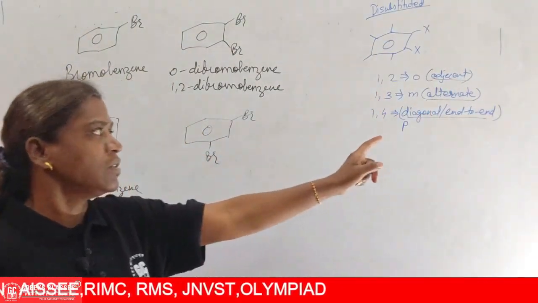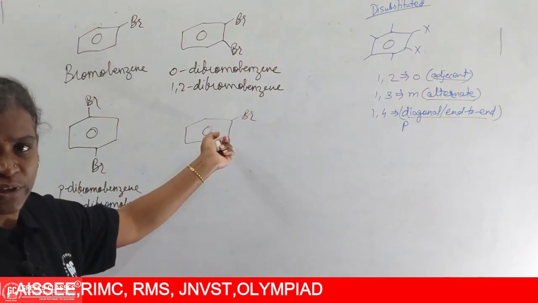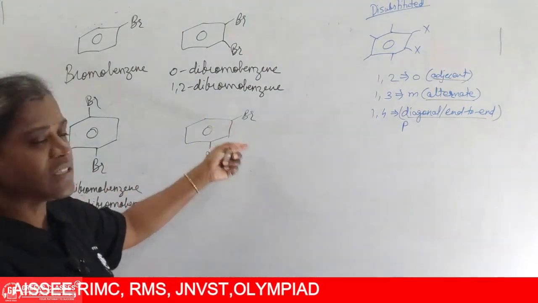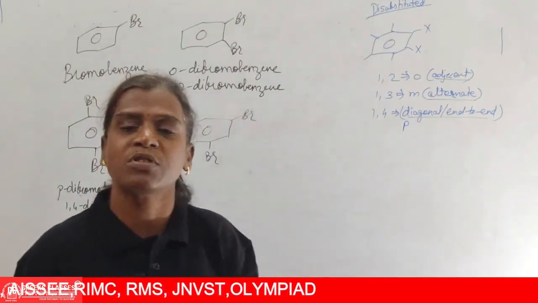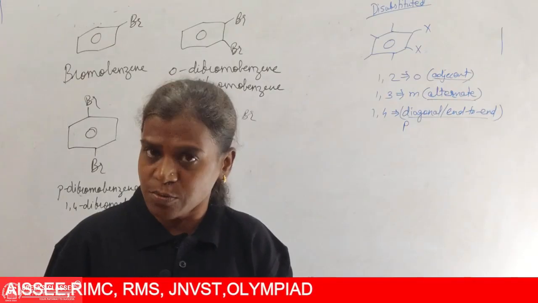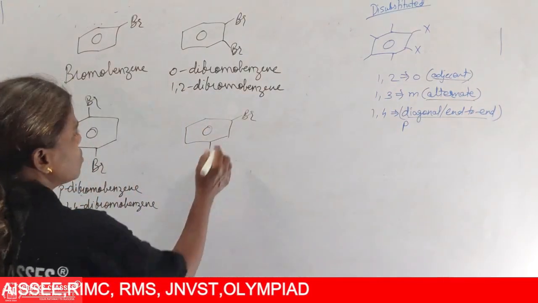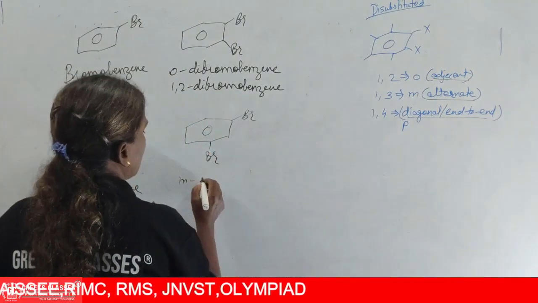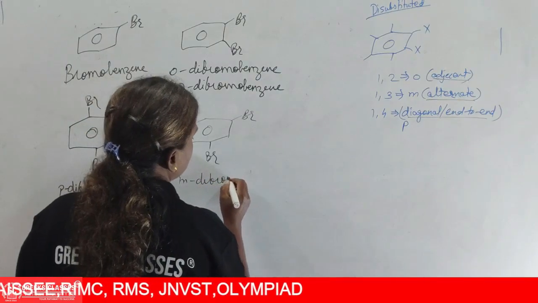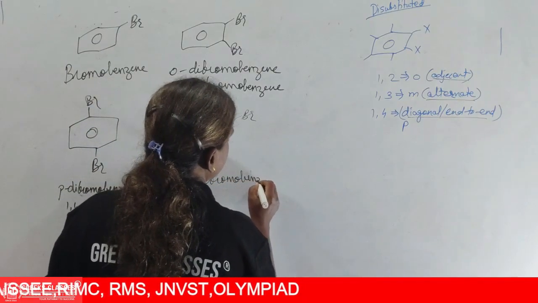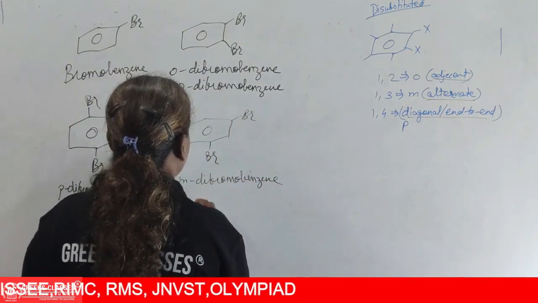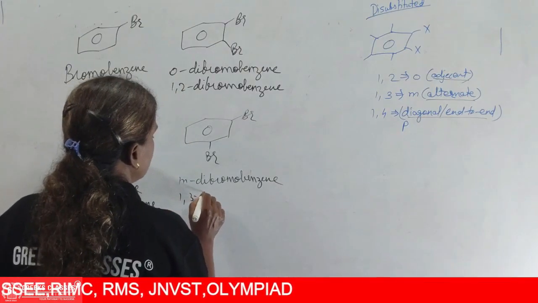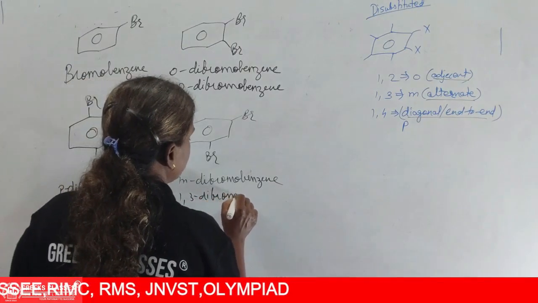Otherwise, don't focus on where I am putting the substituent; there are only 6 carbons anyway. So these are the only 3 possible ways we can have disubstituted compounds. Over here it is now meta-dibromobenzene, or we can say 1,3-dibromobenzene.